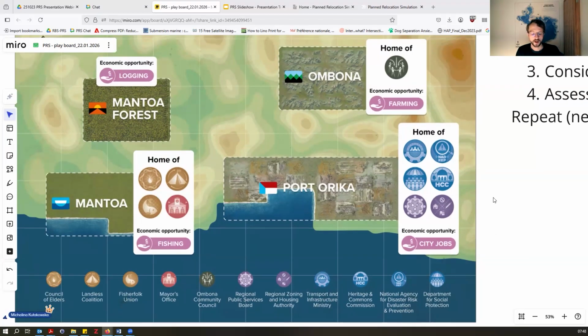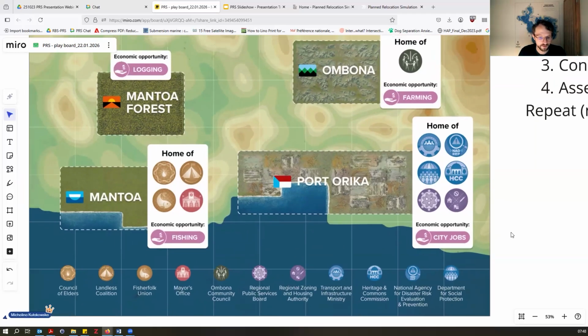They all have different responsibilities and institutional goals, whether that's ensuring the protection of heritage, ensuring access to services for all, or the prevention of risk, for example. They are responsible for the whole region, not just the table they're at, where there's Port Orica and the community of Ombona. They're also responsible for Mantoa.